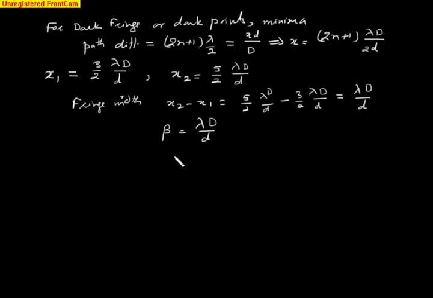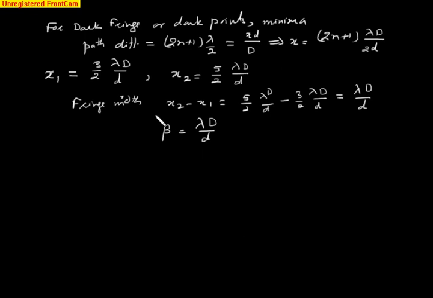It shows that the interference fringes have the same fringe width, whether these are first, second, third, fourth, or next. So the fringe width for all the fringes in the interference pattern is the same.